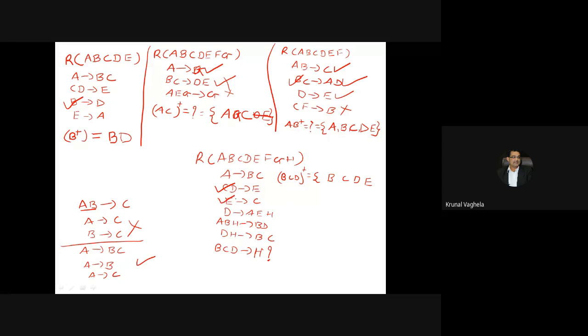So I also use this. If I am having D, I can find A, E, and H. Your question is over right now, right? So if I am having BCD, I can find H.